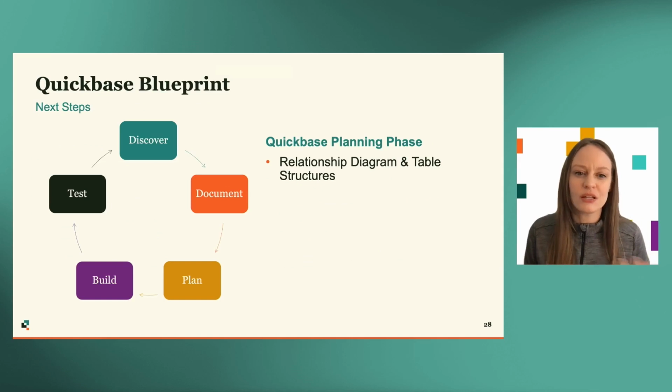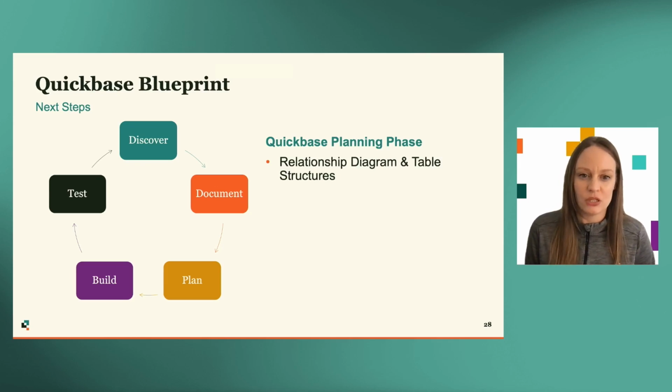And I would just like to mention that as we're in this planning phase, if you will, for the build, this is kind of the first step, is really understanding all the pieces that go into it. And after that, you can start building out your architecture for the application. So for us, usually the next step is the relationship diagram and the table structures.